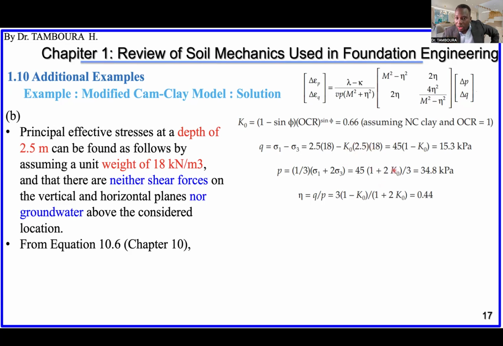We can do this in this way and obtain P here. If we have the P here, remember that this parameter, what is the name of this anyway, is just Q divided by P. Then we can have this also here as 0.44.